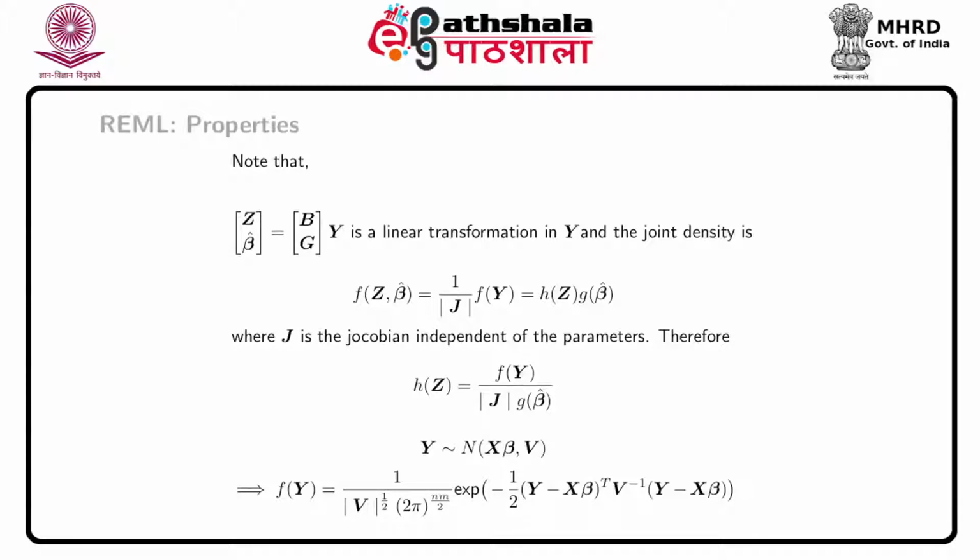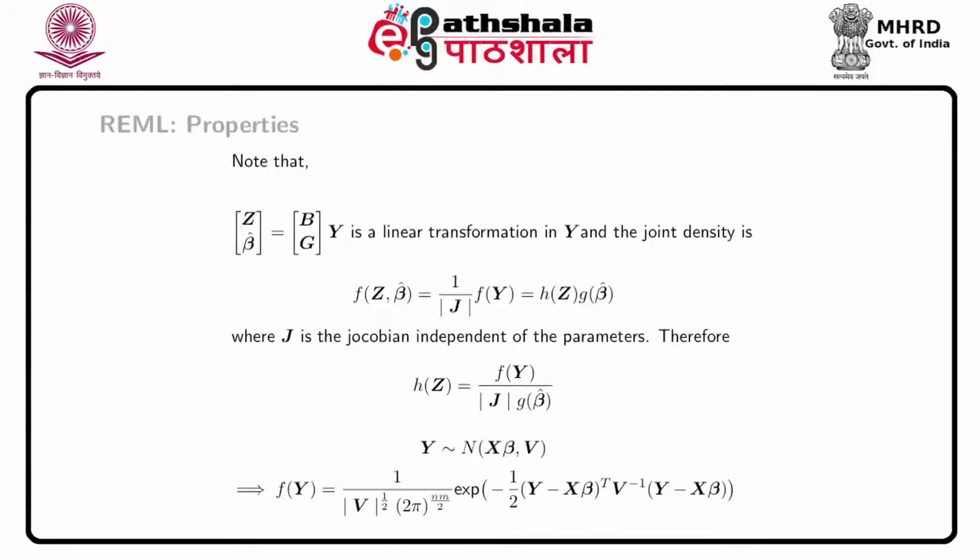If we remember from our weighted least squares session, beta hat is unbiased, so this is normal with mean beta, and X transpose V inverse X, inverse, is the variance of beta hat.